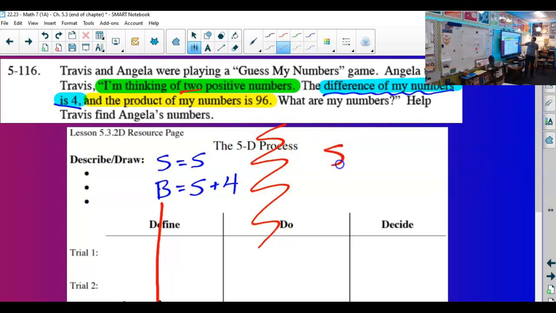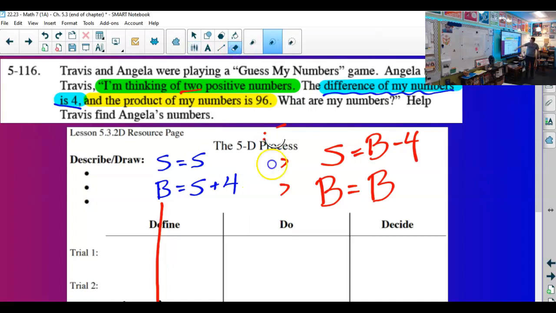You could have also said, if the big number is B, the small number would be B minus 4. But I like addition better. So if we say the small number's S, the big number's S plus 4. You could solve it the same way, but I'm going to go the route of addition.